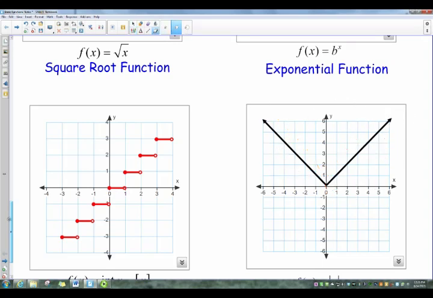Now another test for this is to look at the points. Okay, this right here is the point 2, 2. This right here is the point 2, negative 2. Or sorry, I got those backwards. It's negative 2, 2. If you have the same y values, but your x is the opposite. So remember, positive, negative is the difference between opposite. If I have negative 2, 2 and positive 2, 2, that is even.